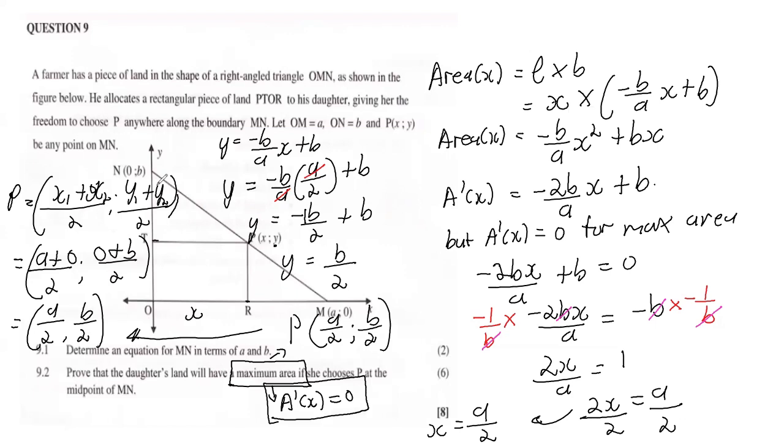So now, because we've proven that the coordinates we get if we make P the midpoint of MN, and also the coordinates we get if we calculate the maximum area for PTOR, are the same, that means it proves the claim that when P is the midpoint, that's where we'll get the maximum area from this plot, right? So that's how you were supposed to go about answering that question.